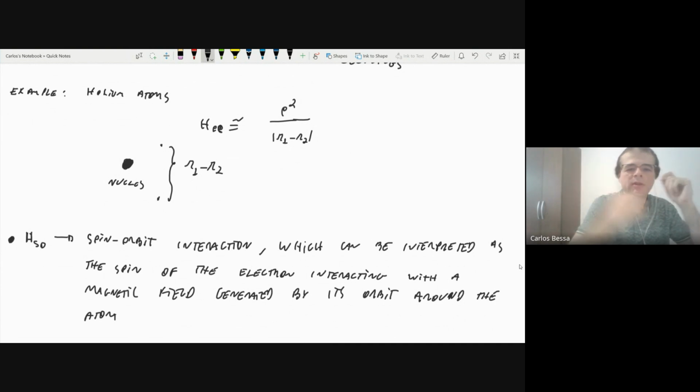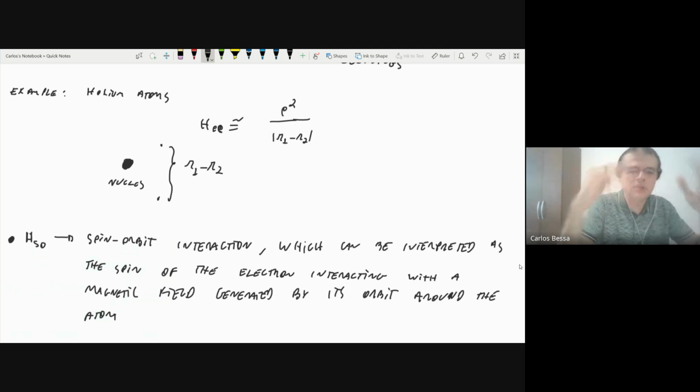So if we have the electron in orbit around the atom, this moving charge will generate a magnetic field. And we know, for example from the Stern-Gerlach experiment, that the spin of the particle, the electron, interacts with the magnetic field.